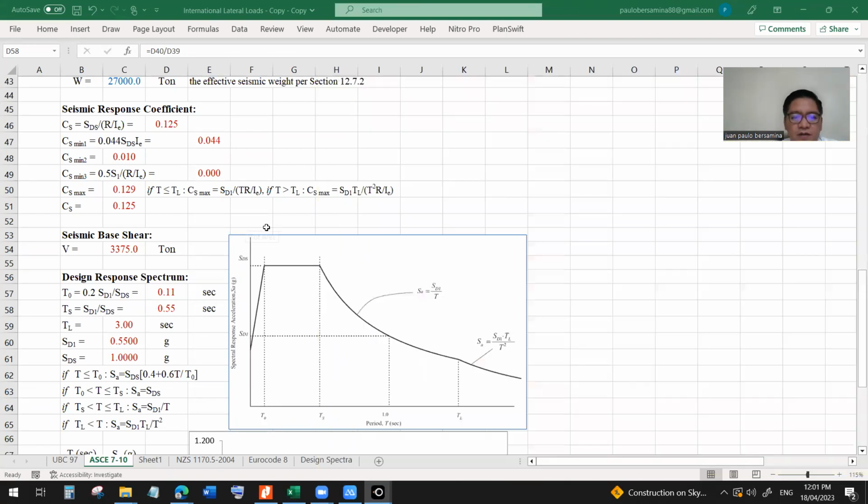How about yung ito? Nakikita nyo meron dito siyang 1 second. Ito yung T sub L mo, yung 3 second na dinefine na. Pero yung 1 second mo, that's SD1. So 0.55.